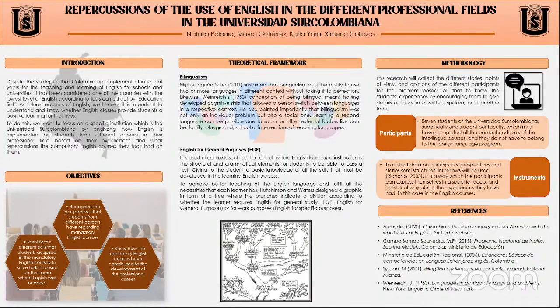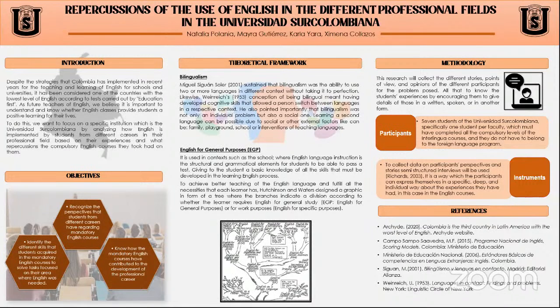Okay, we put English for general purposes because currently in Colombia, the teaching of English in educational institutions and in our university is focused on English for general purposes. English for general purposes is a way of teaching found in the graphic design by Hutchinson and Waters, the one you can see in the square, where through a tree they show the different ways of teaching another language, and every branch is like a division designed according to whether the learner requires English for general studies or for work purposes.